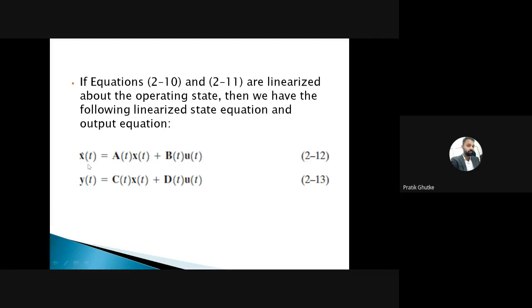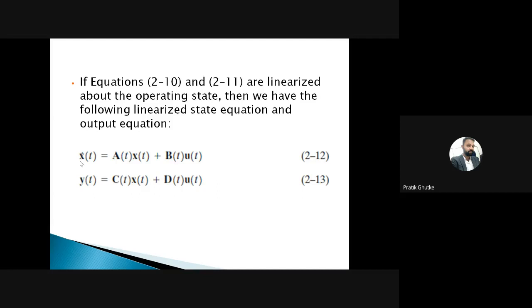So how to represent the input equation or the state equation? X dot of t is your state equation, and y of t is your output equation. X dot of t is defined as A of t x of t plus B of t u of t.